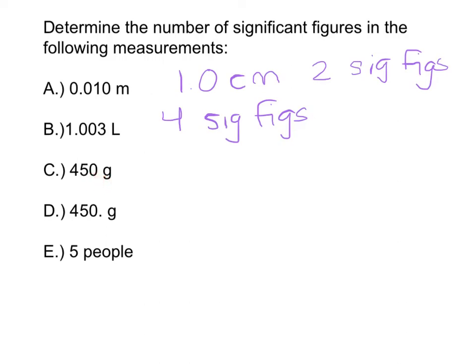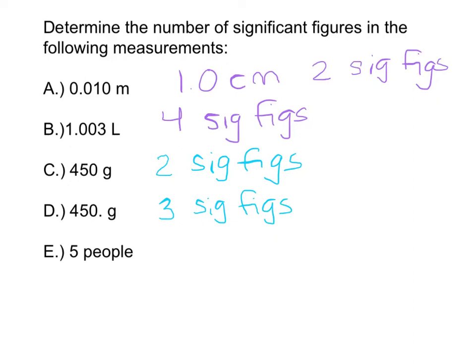So if we just have 450 grams written this way, then we'll say that there are 2 significant figures. However, if we have a decimal place after our 0, then now we're saying that we definitely knew our 4 and 5 digits, and this 0 has some degree of uncertainty associated with it. So here we have 3 significant figures.